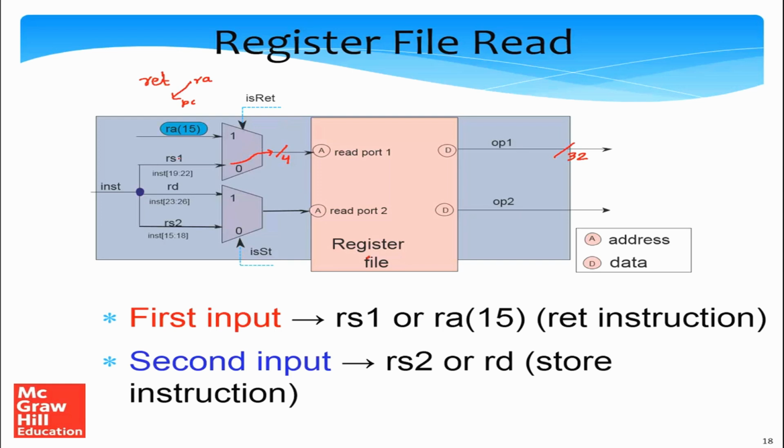Once again, what does this multiplexer do? It chooses between RS1, the first source register, and 15, which is the default source for the ret instruction. Mind you, the ret instruction does not need RS1, so we can get away with this. This goes to the address port of read port 1 of the register file, and then we read the data out, and this value we will refer to as OP1.